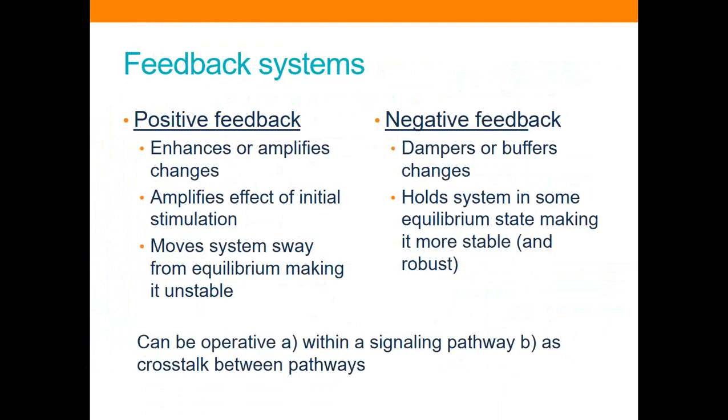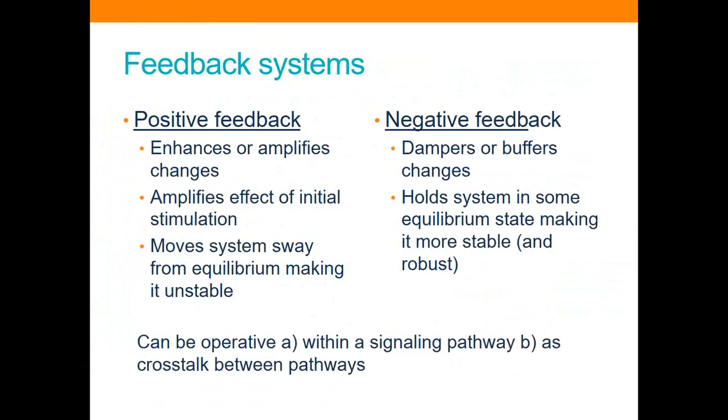Now, a positive feedback system is when you do something downstream, the result of which feeds back in a positive fashion to increase something upstream. And the result of that positive feedback is that it enhances or amplifies changes that you otherwise wouldn't see if you didn't have that system in place.